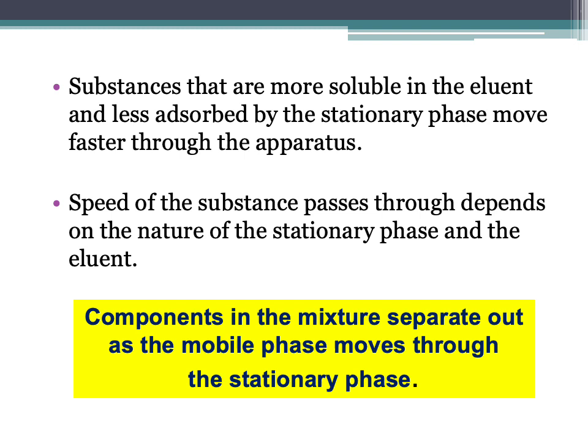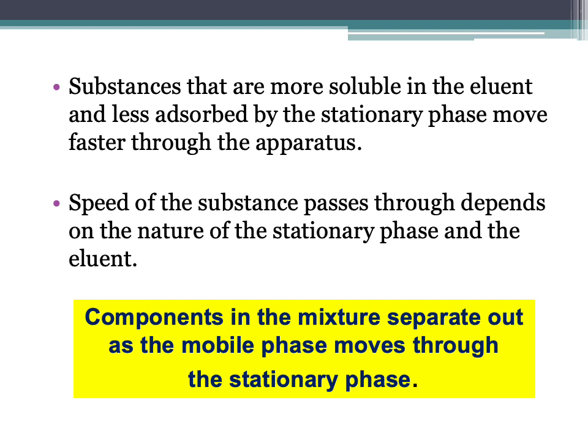Substances that are more soluble in the eluent and less absorbed by the stationary phase move faster through the apparatus. So kita ingat kita ada mixture, and mixture tu dia akan larut dalam eluent. So kita akan lalu dalam stationary phase. So stationary phase ni dia akan absorb substance tu.